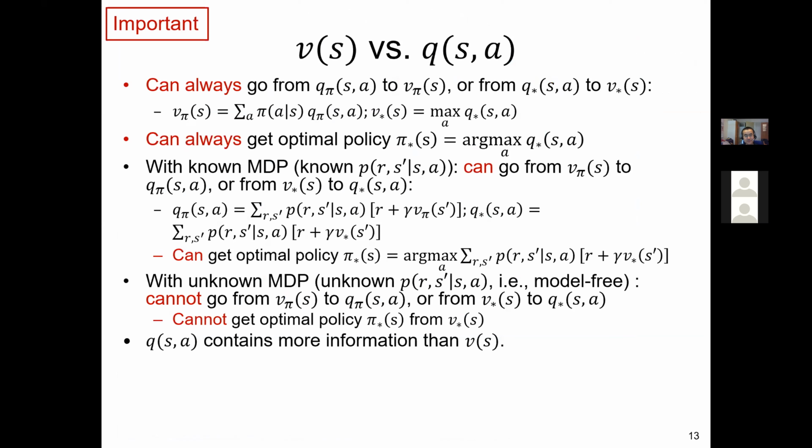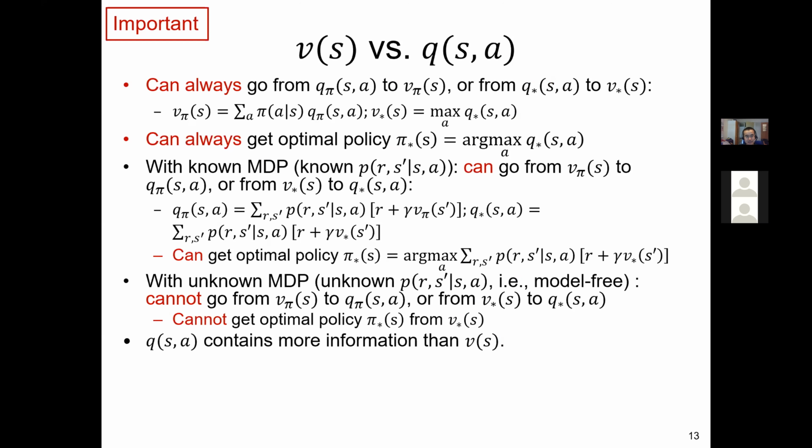The relationship among them is that you can always go from Q to V, either Q pi to V pi or Q star to V star, by this equation: V pi is the expectation over a of Q pi(s,a), and V star is the maximum over a of Q star(s,a).